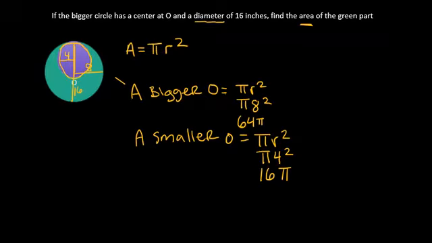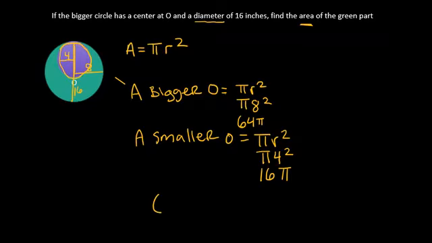It's asking me for the bigger circle, the green part. That's supposed to be my final answer. So what I'm going to do is subtract the purple circle, which is the small circle, from the bigger circle, which is the green circle.